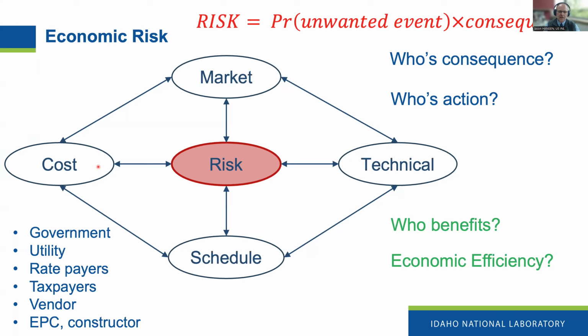Those benefits need to be proportional to the costs for those who are responsible for paying those economic outcomes. That's all part of economic efficiency and getting risks and benefits lined up in a way that makes sense for decision makers and for stakeholders to say, yeah, I do want to invest in this technology, or yeah, I am willing to take on the risk of this technology because the benefits that I stand to gain are proportional to the risks that I'm facing.